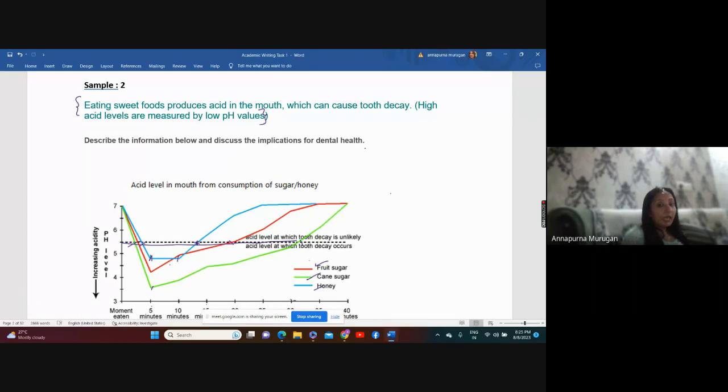Now, body paragraphs we need to write. How many sentences should the introduction be? Don't forget, I have told already, introduction only two sentences. One is the paraphrased question statement, the other one is one initial overview. Why am I giving many initial overviews? Because students get stigmatized, thinking there is only one initial overview. No, you can give any one initial overview.